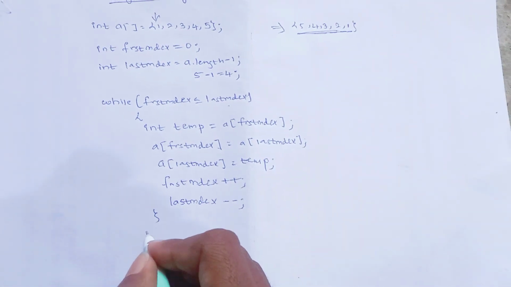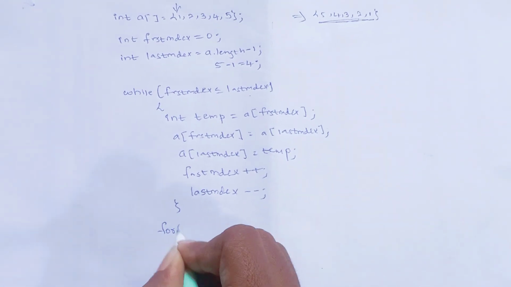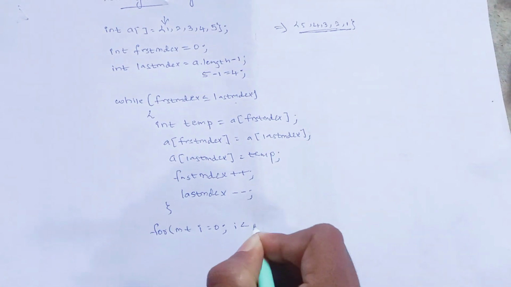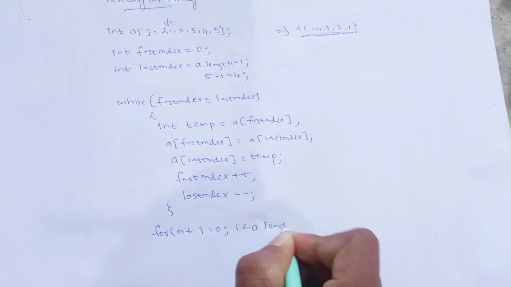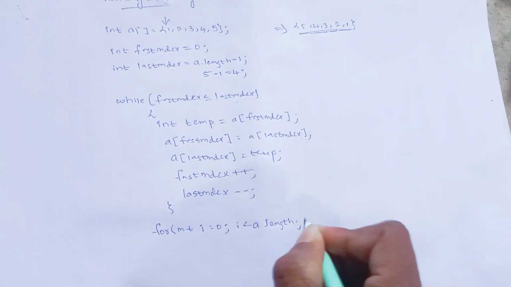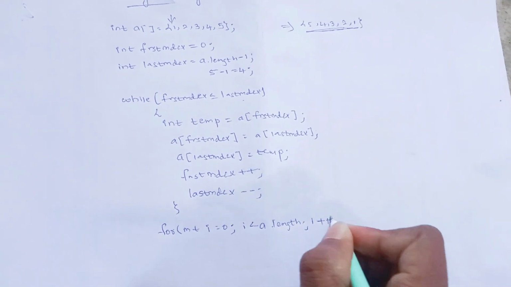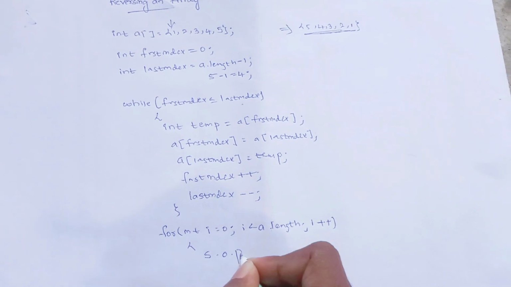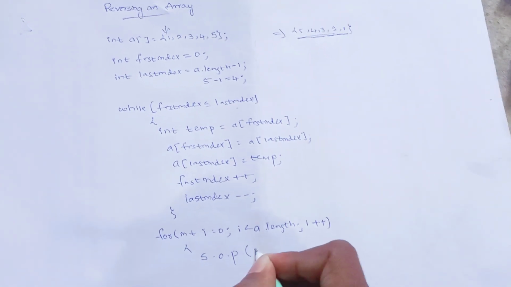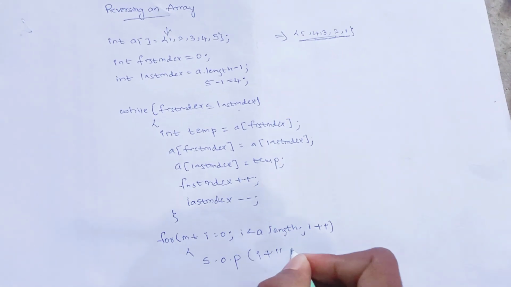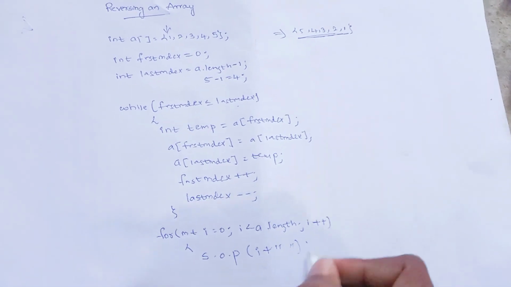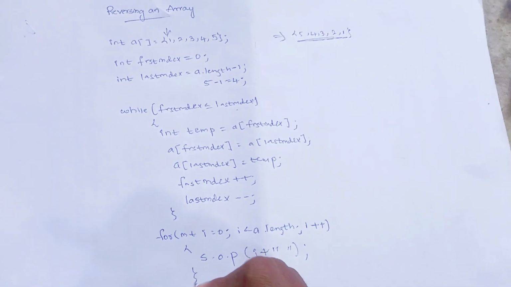To print the values of the array, we just need to take the for loop, for int i equals to 0, i less than a dot length, then i plus plus. Inside the for loop, we need to print the values, System.out.print a of i. Here we just need to add a space between each element, and then we close the for loop.